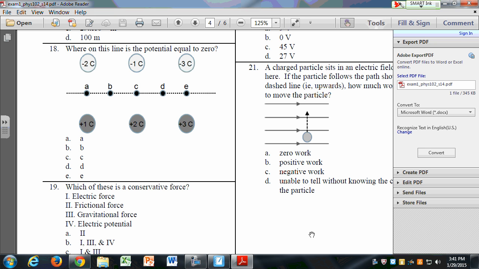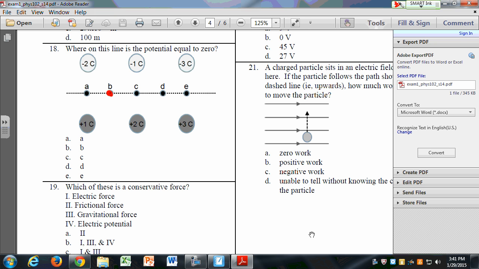Where on this line is the potential equal to 0? Remember that previous problem where the charges canceled out the potential because they were a positive and negative charge equidistant from a different point? There are points on this line where the potential is 0. So say, for example, I take this point.